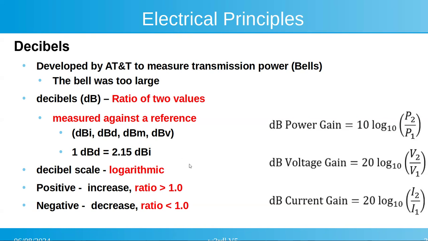If the ratio between the two numbers you're comparing is greater than 1, the result is going to be a positive number. If it's less than 1, it's going to be a negative number. So basically, you have either a positive exponent or a negative exponent.